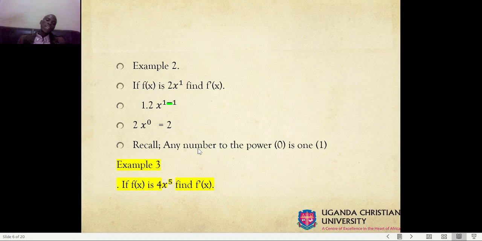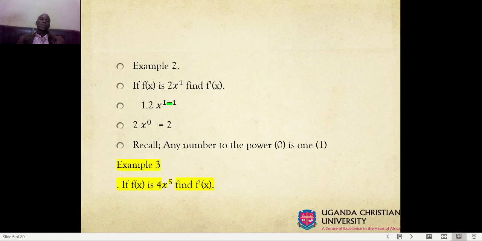So the other thing you need to know, of course, not for you to cram that, whenever you're having a number or a variable without a power, the answer will be the multiplying coefficient.